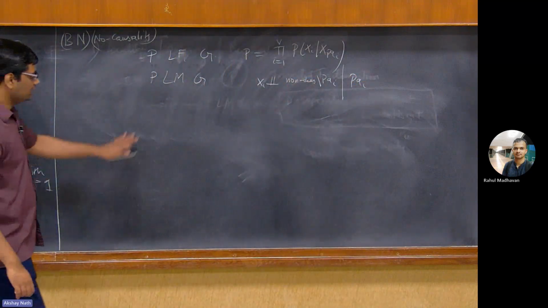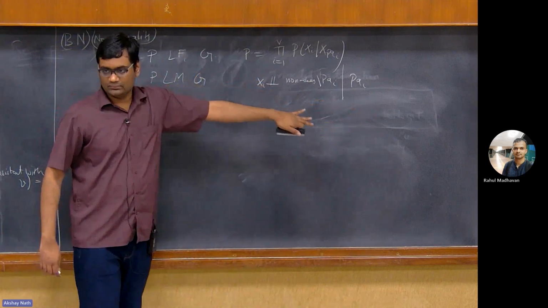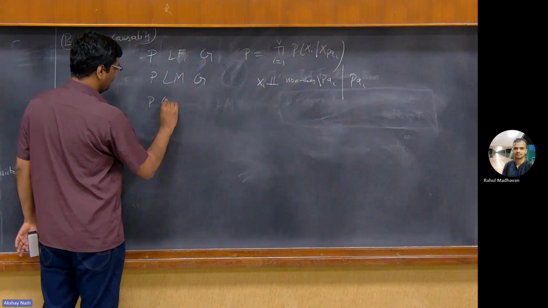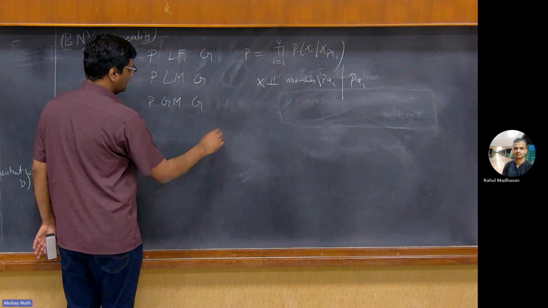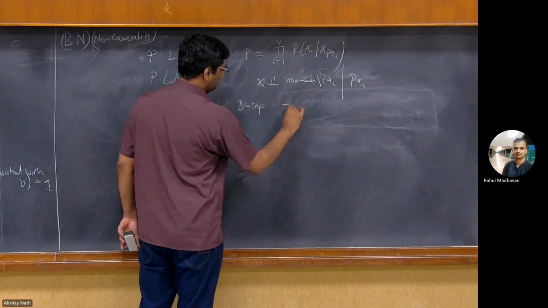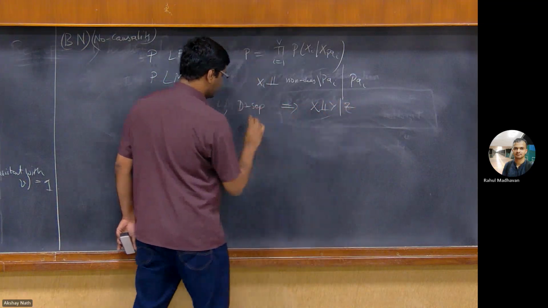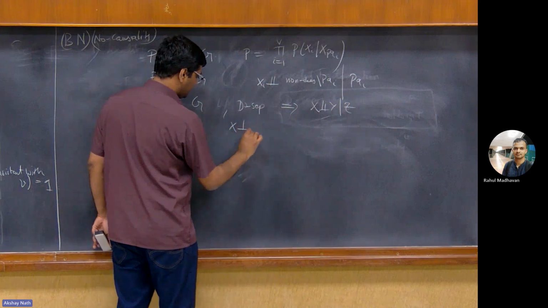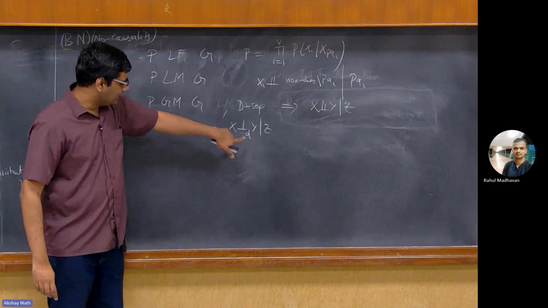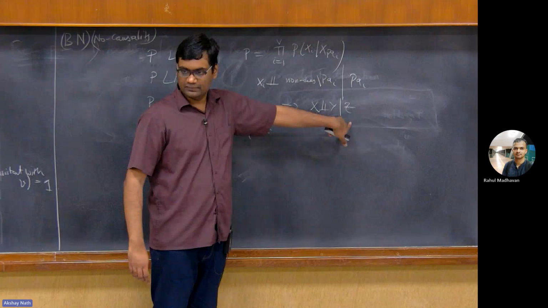The third one is P is globally Markov with respect to G. That says D-separation implies conditional independence. D-separation itself is denoted by a similar notation with a subscript D in it, which is a graphical connectivity criterion. This actually implies independence.